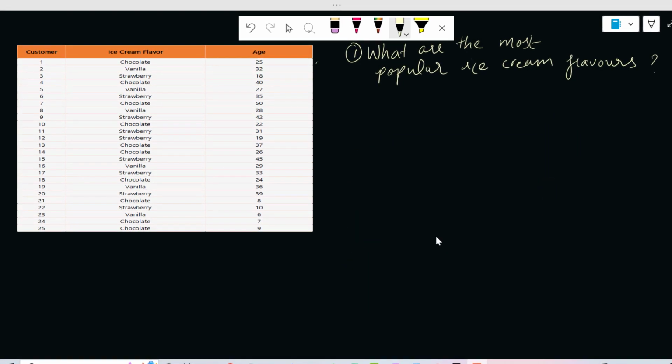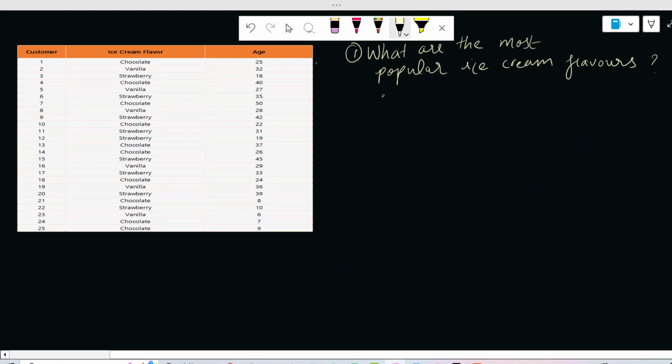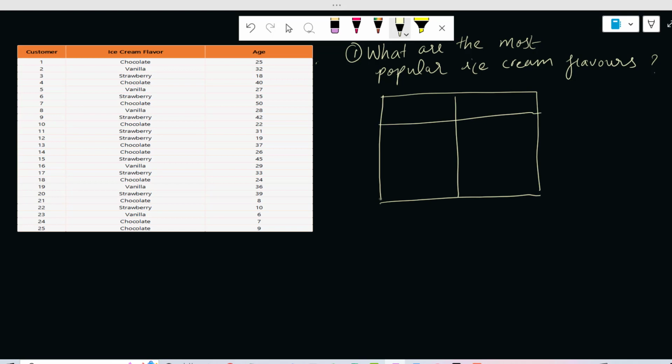Let's start by answering our first question: what are the most popular ice cream flavors? First we have to make a table, and that table is called a frequency table. In the first column we'll write the flavors, and in the second column we'll write the count of the customers who bought these flavors. For the sake of simplicity, we have three flavors: chocolate, vanilla, and strawberry.